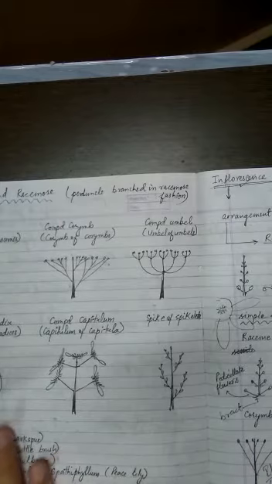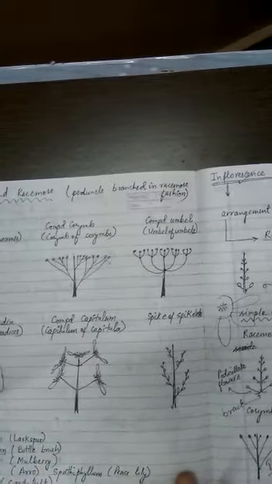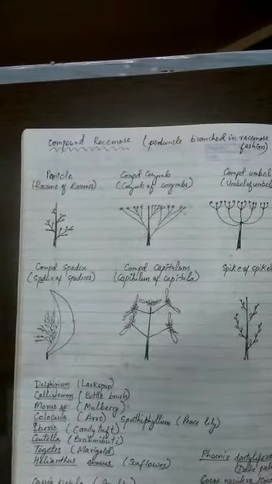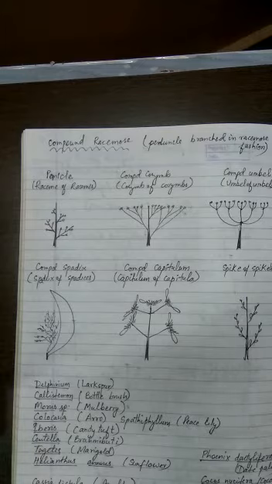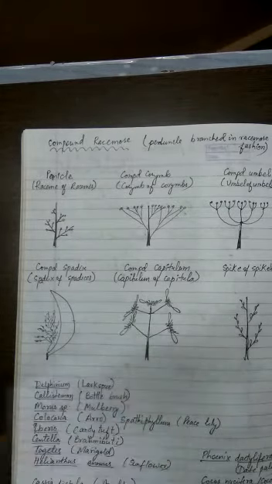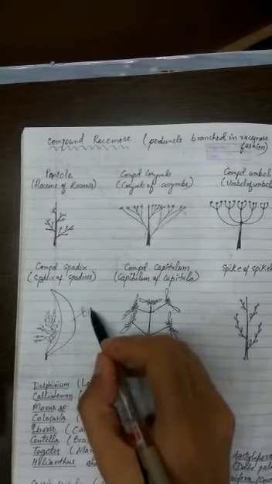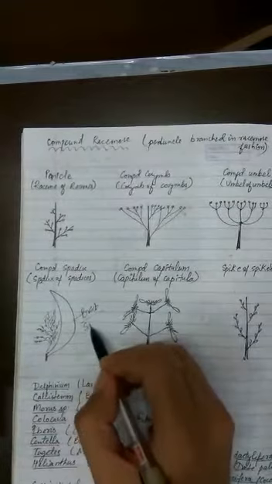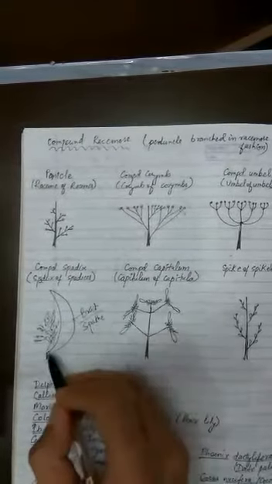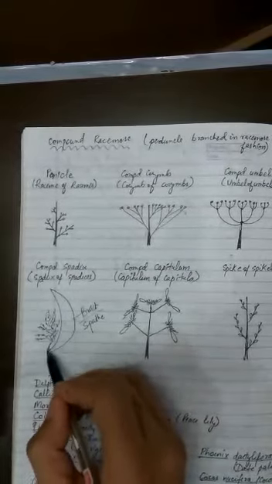In the same manner we can have compound spadix also. Now what is compound spadix? Compound spadix is also called spadix of spadices. It is found in the case of coconut, date palm, pygmy date palm or Phoenix dactylifera. There are many plants which come in the palm. Palms will basically have compound spadix. There will be a big bract-like structure which is also called the spathe, and then the axis is going to be a thick one.